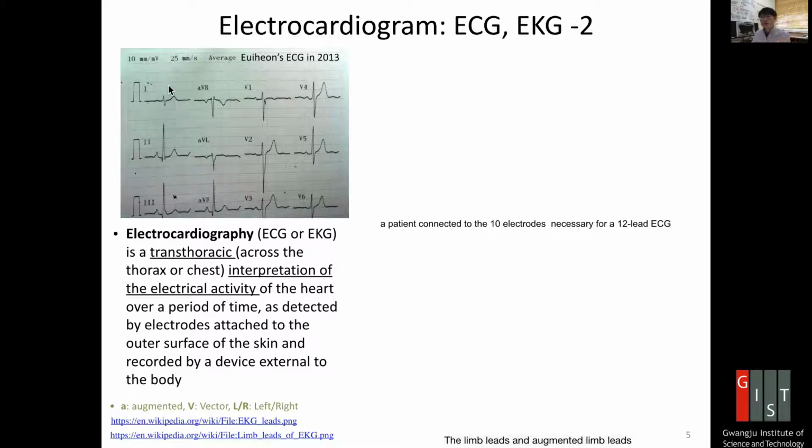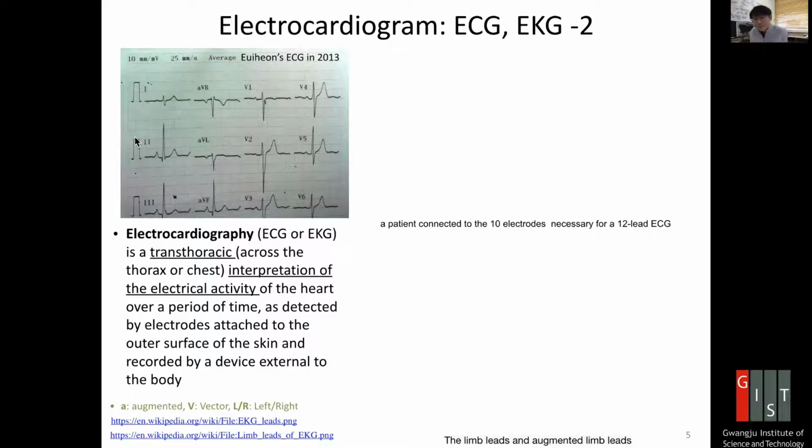One thing you notice here is I, II, III, and V1, 2, 3, 4, 5, 6. And there's aVR, aVL, and aVF. So a total of 12-lead ECG can be displayed here.